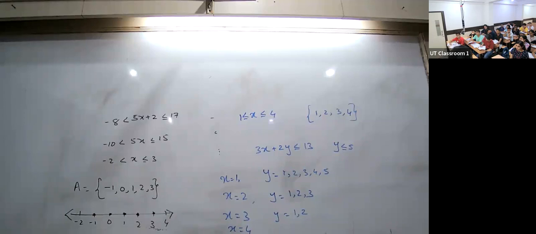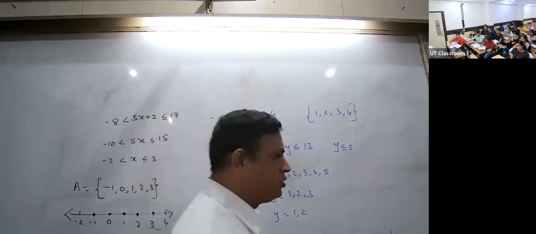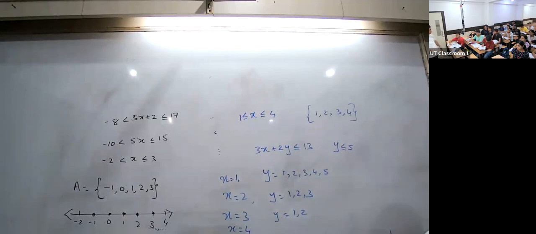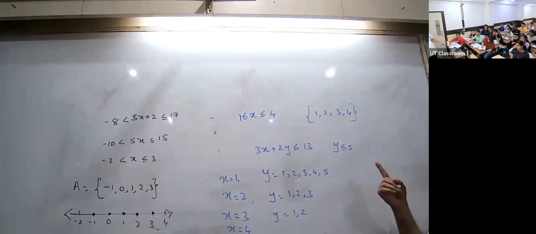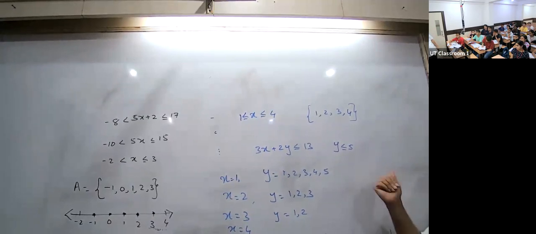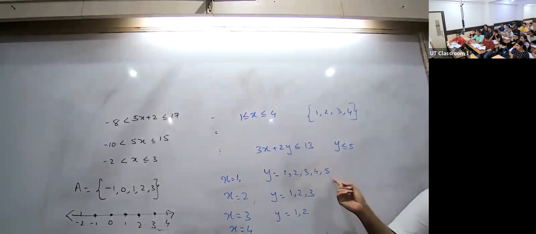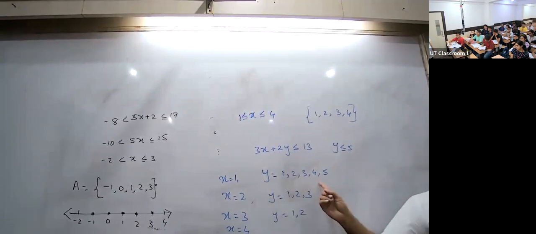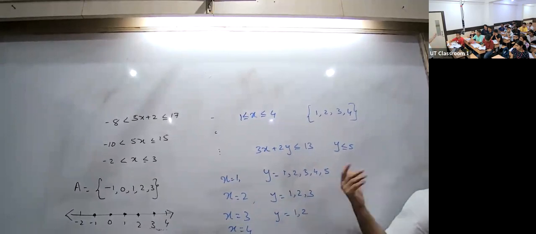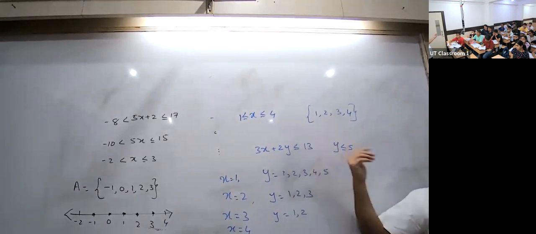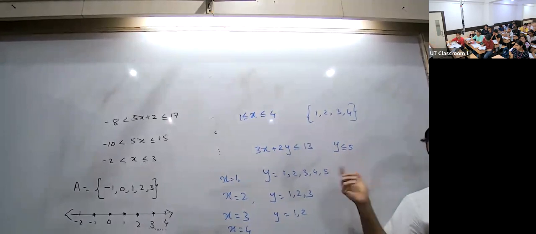Two variable values are not there as per your syllabus. Depends upon the value of x, the value of y is changing. When x is 1 you get this, x equal to 2 this, x equal to 3 this, x equal to 4 there is no value because an integer should be taken.